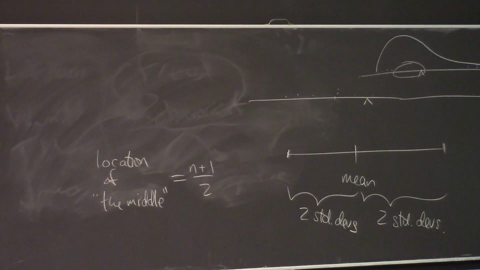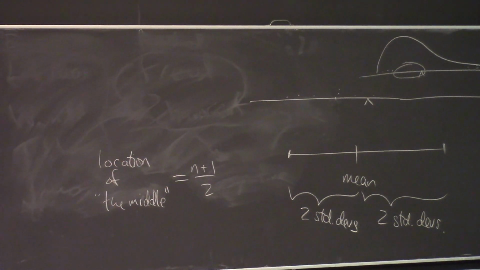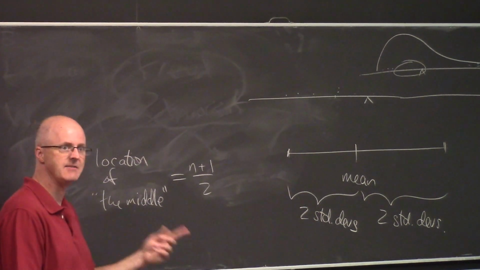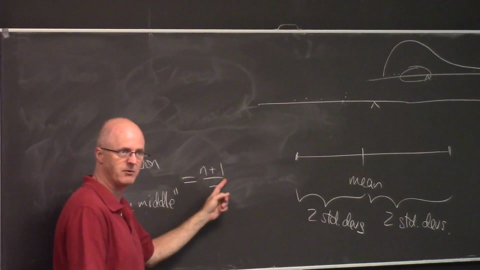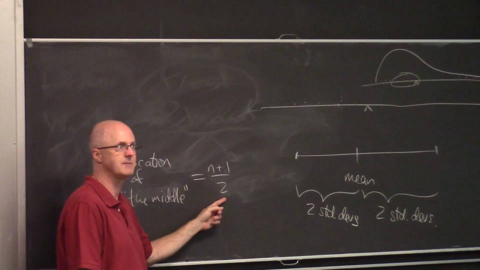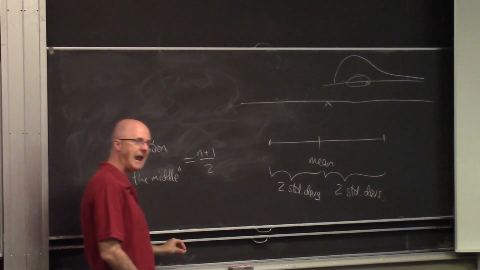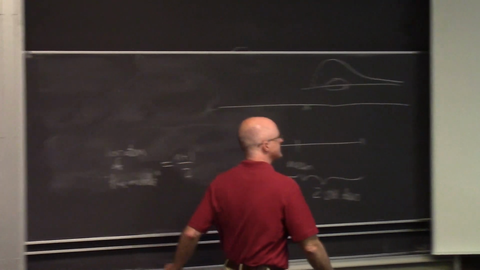Emphasis on the word location. It's not the value of the median. It's the location. In the case where n is even, like 50, n plus 1 will be 51. Over 2, that's going to be 25.5. The middle location is 25.5 for this example.